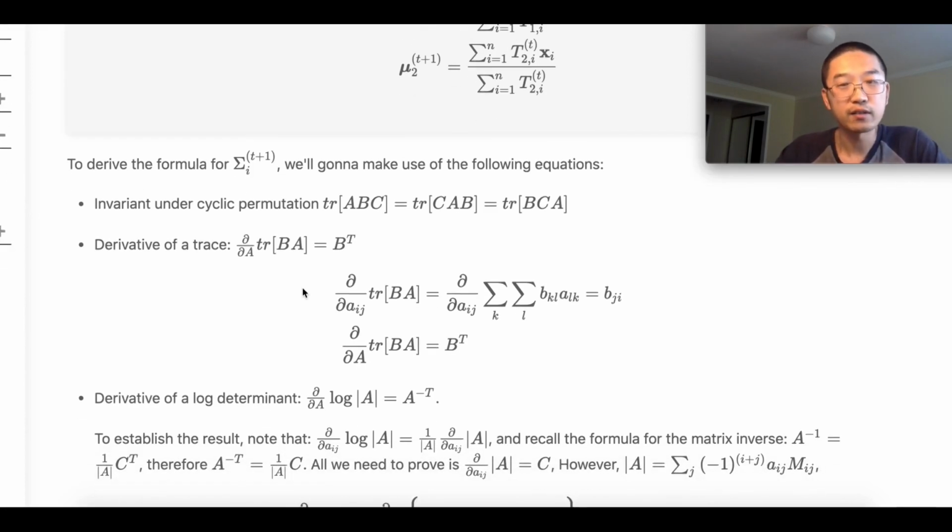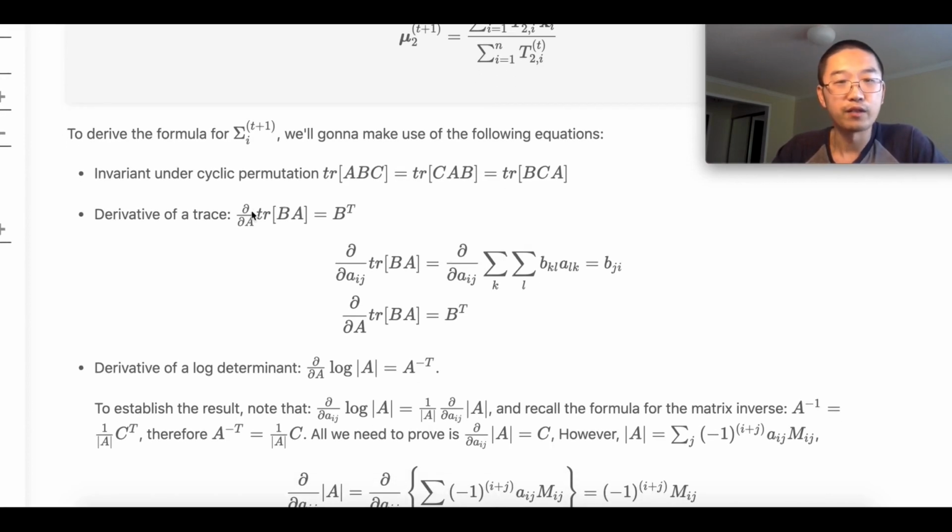This is also easily provable by expanding the definition of trace. If you want me to prove it, just let me know, and I can create a video for that.